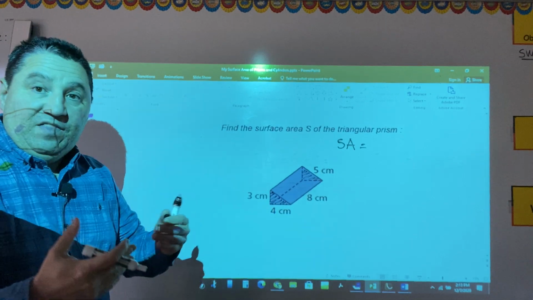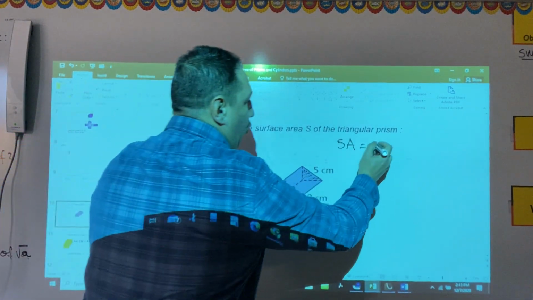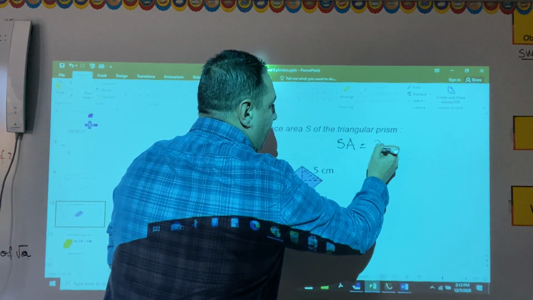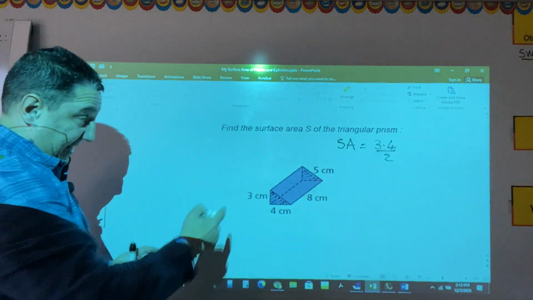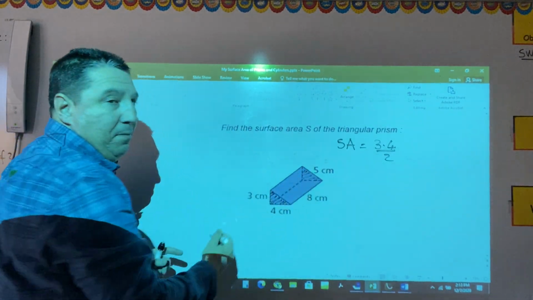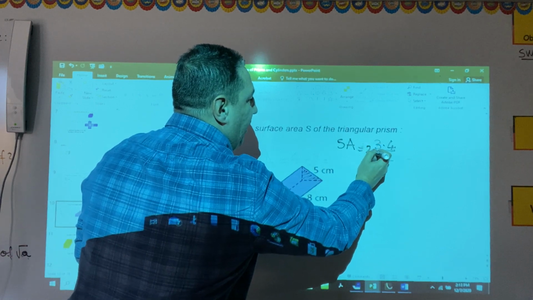So the area of this triangle would be 3 times 4 over 2. But we have two such bases, so we have to multiply this fraction by 2.